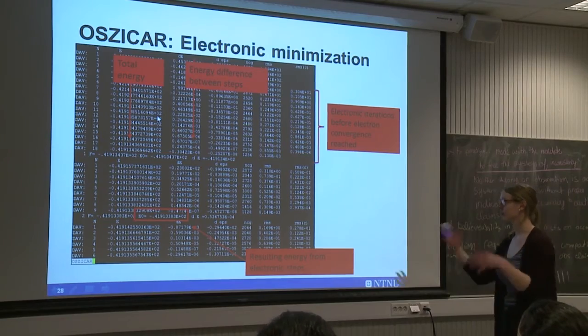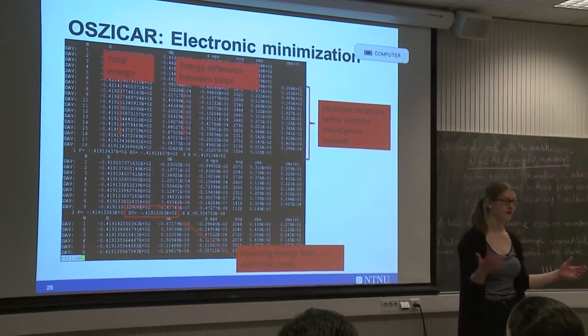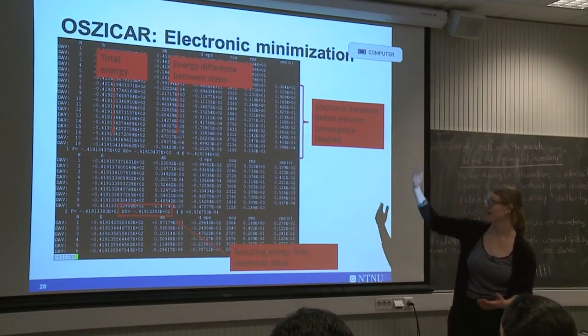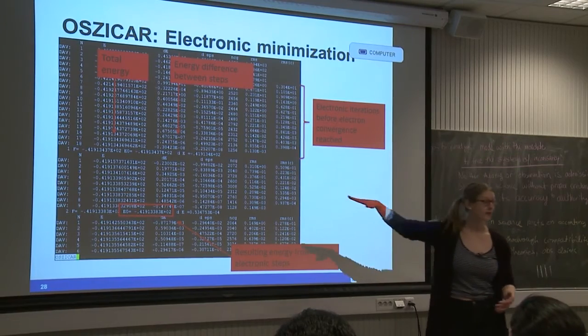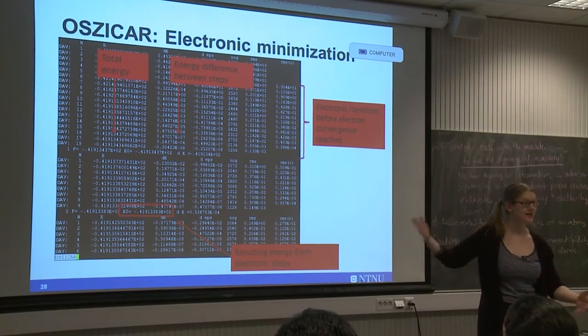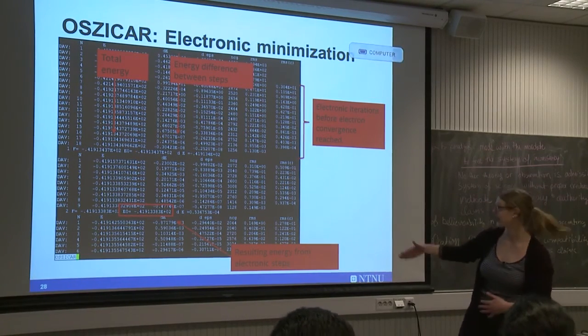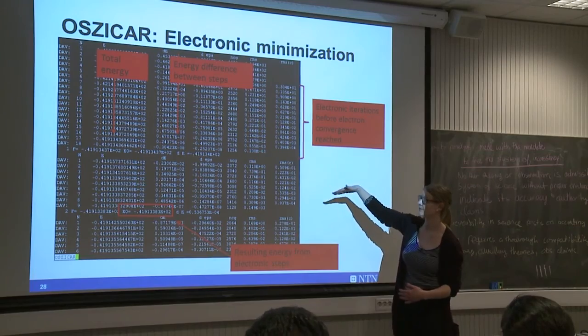And then you have defined some sort of electronic convergence criterion. So then it goes out of the loop and it calculates forces on ions. It moves the ions, and then it starts all over, right?